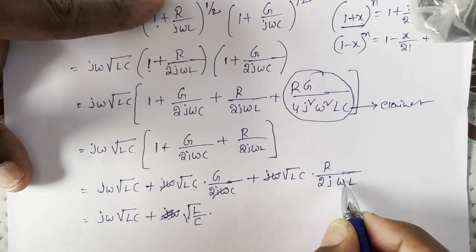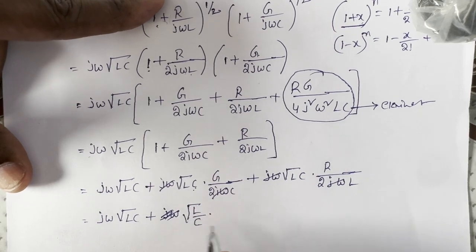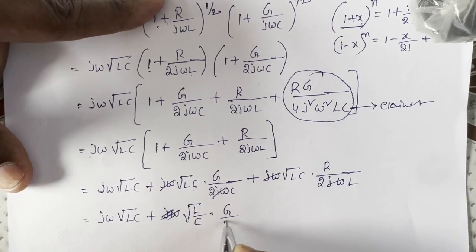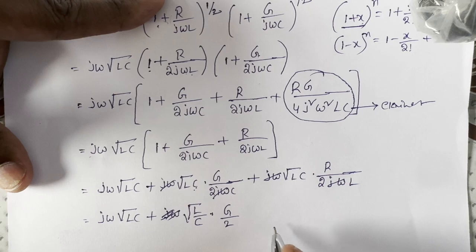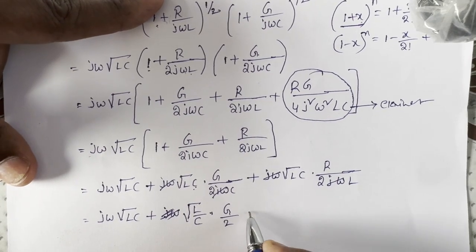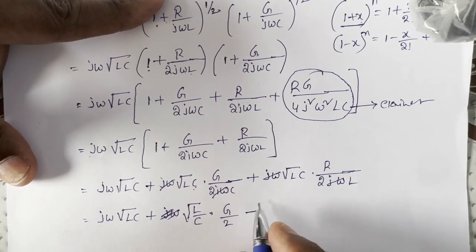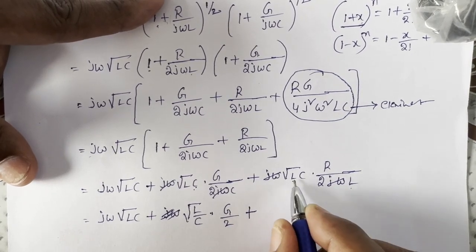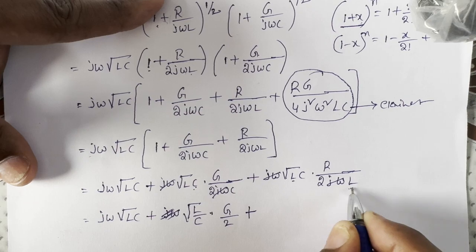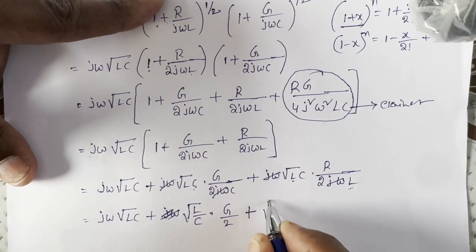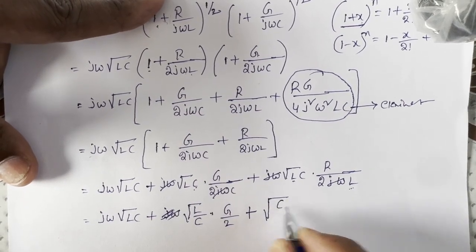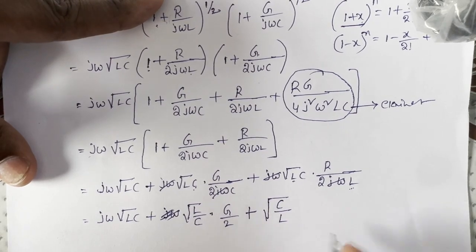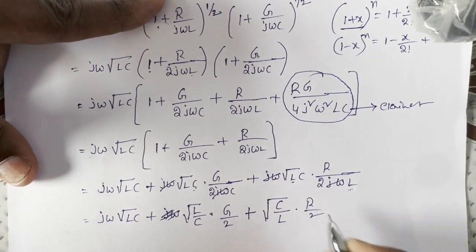Here j omega will cancel into G by 2, and similarly here root L will be cancelled. Square root of C is present here in the denominator, root L into R by 2.